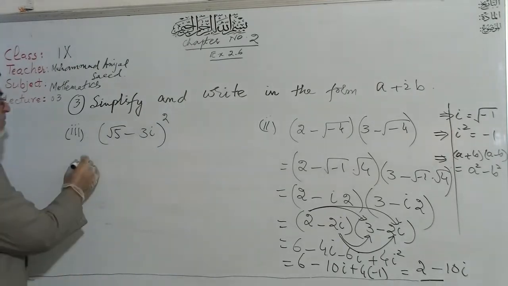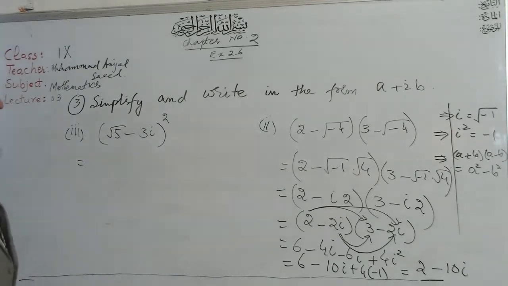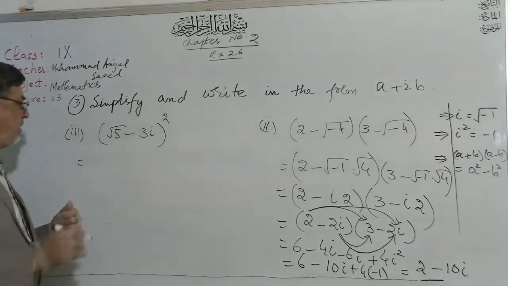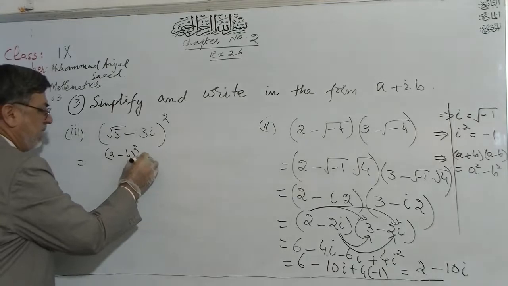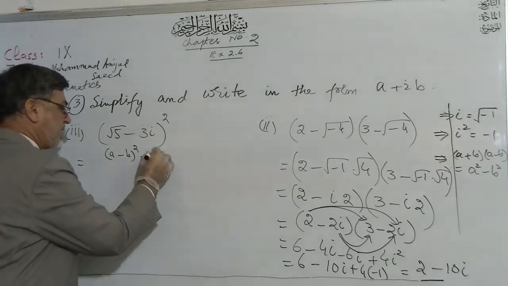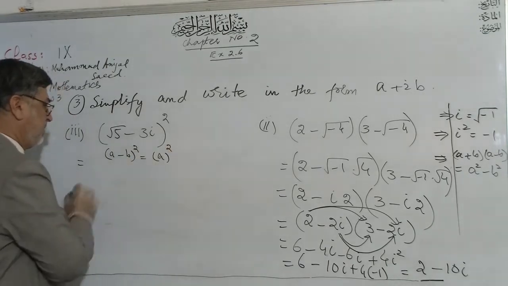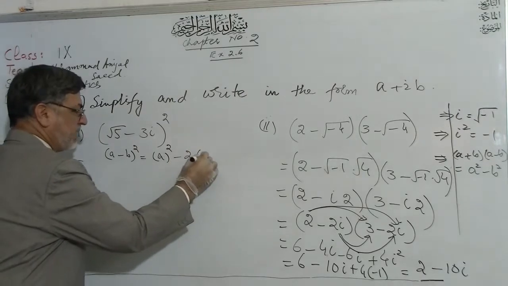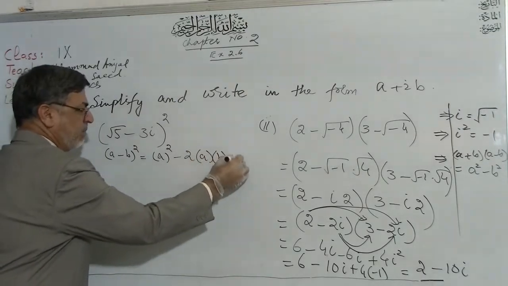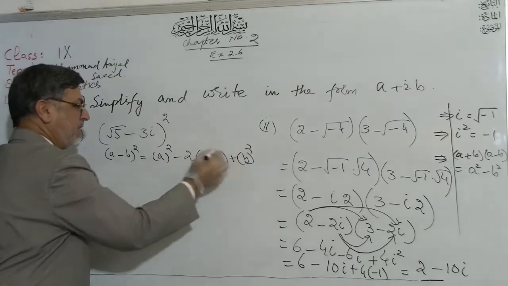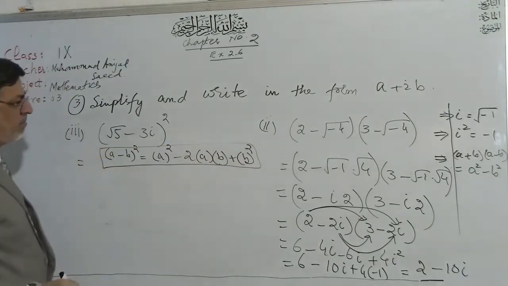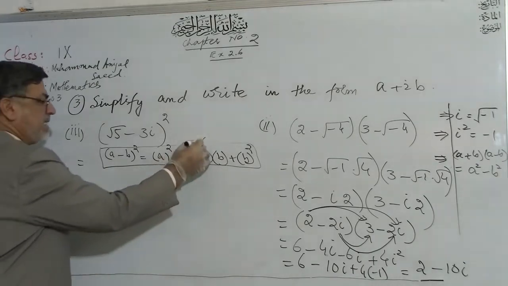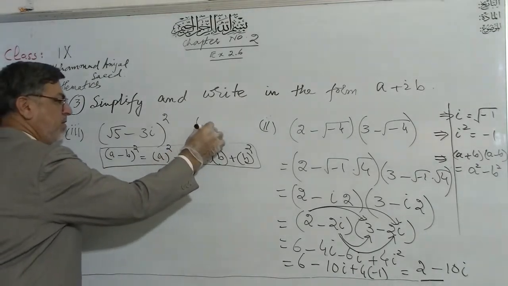Here is the formula. What formula will be applied here? It will be the formula a minus b whole square, that is equal to first square minus 2 into first into second plus second square. That is the formula involved.